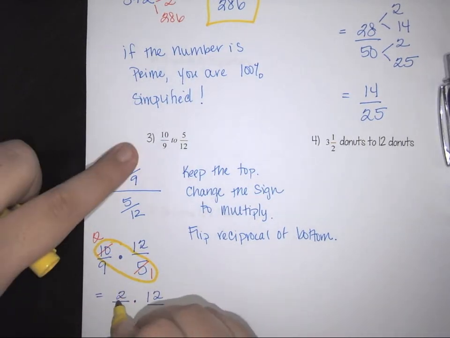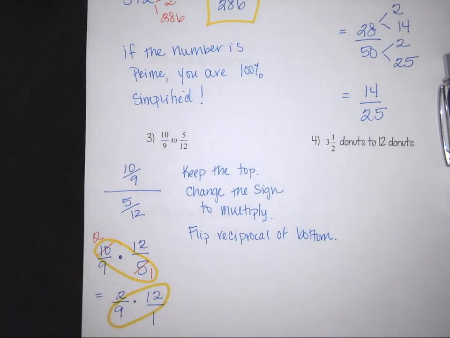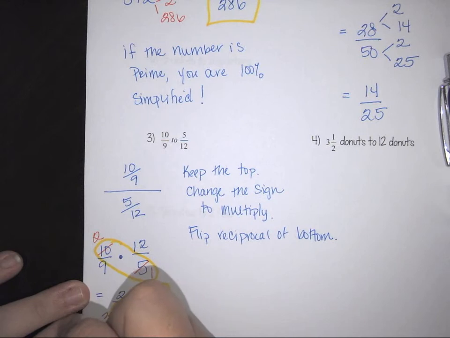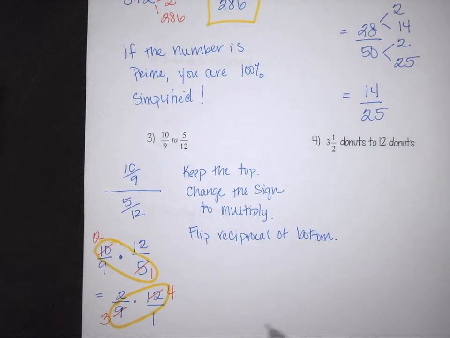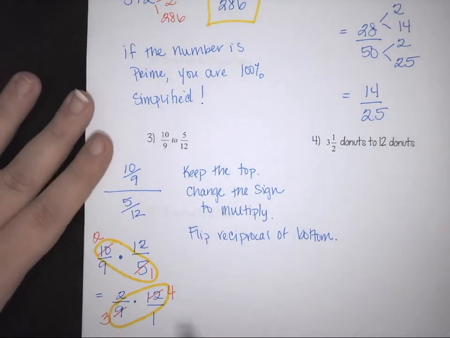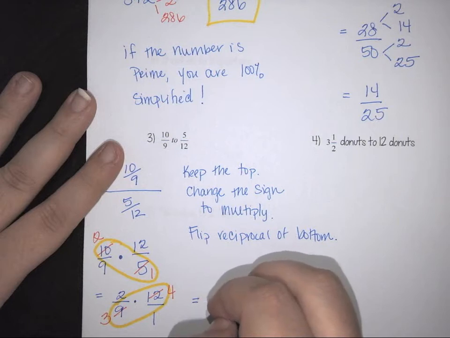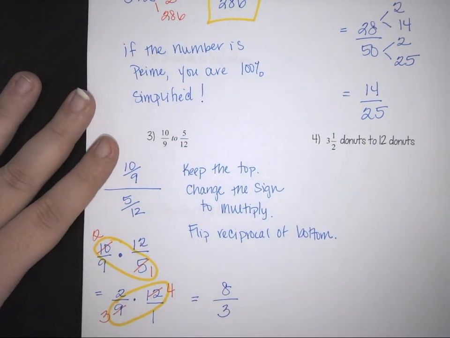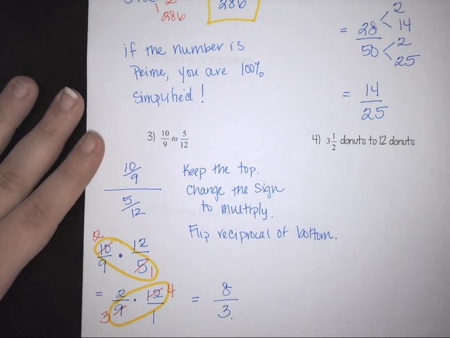Again, we have this 9 and this 12, which have something in common. They can both take out a 3, leaving a 3 behind on the bottom and a 4 on top. So you would multiply straight across the top. 2 times 4 gives you 8. Straight across the bottom, 3 times 1 gives you 3. Since there's nothing in common between 8 and 3, you're done.